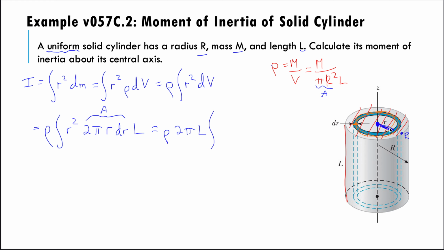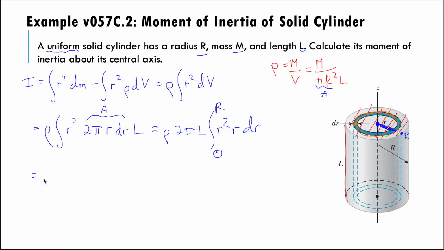It does not have a radius capital R. So this r has to stay inside the integral. We get r squared times r dr, and we're going to integrate from 0 all the way to capital R. So make sure when you look at the area of your cylindrical shell that it has the correct radius. I had put a capital R because I was thinking about the area of the whole entire thing.